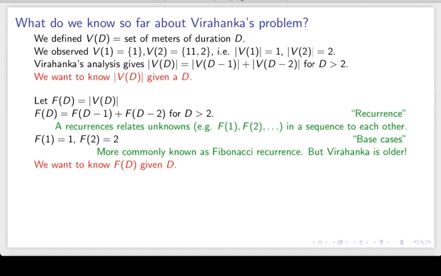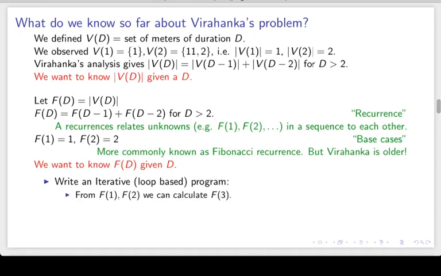All right. So what is our goal? We want to know f of d given d. So you give me a number, say 39, and I want to tell you f of 39, or I have to write a program to do that. How do we do this? We can write an iterative or loop-based program. From f of 1 and f of 2, we can calculate f of 3 using this recurrence.